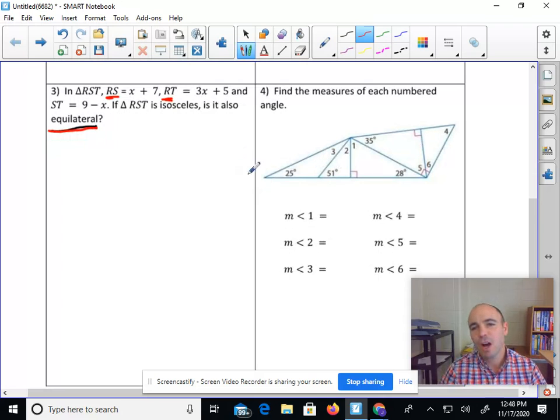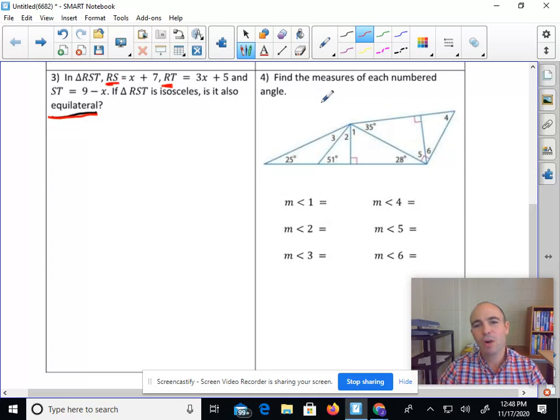Number 4. Okay, so this is another angle puzzle. You guys saw this on the last packet. We had angle puzzles in the chapter 3 packet. What do you need to know in order to solve every single one of these mysterious angles? Well, you know everything you need to know. You know a triangle has to add up to 180. You know that a linear pair of angles has to add up to 180.